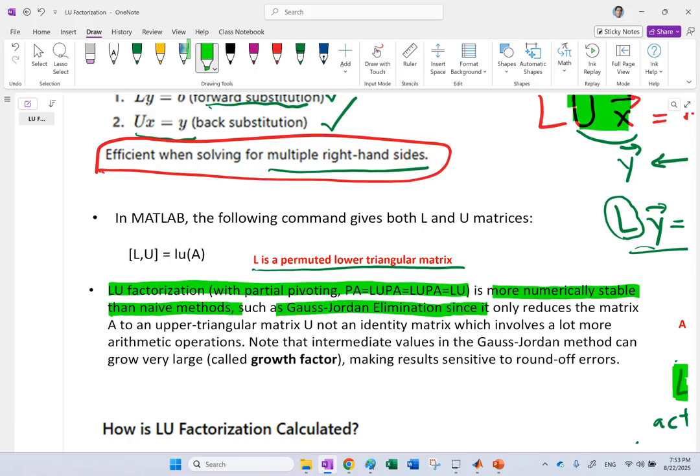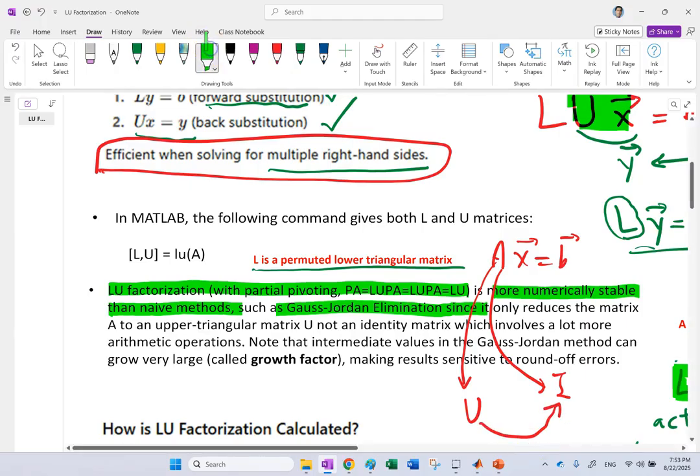Because as you know, in Gauss-Jordan elimination, you turn this A matrix into an identity matrix at the end of the day. So not only do you convert it to an upper triangular matrix, but then you convert it also to identity. That means you do some extra operations here. And the more operations you use, because of round-off errors, your error can grow and your numbers can be off from your actual solution.